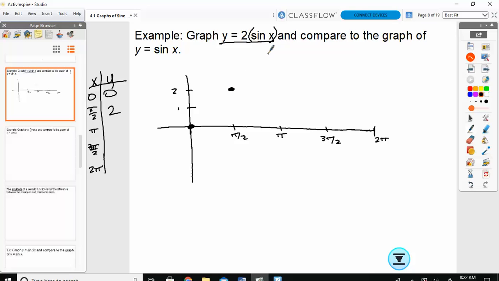At pi, what's the sine of pi? 0. Times 2 is still 0. 3 pi over 2, what's the sine of 3 pi over 2? Negative 1 times 2. And 2 pi, that's the same as 0, so sine of 0 is 0, times 2 is 0. So here's my graph. We know these are always going to be curved.